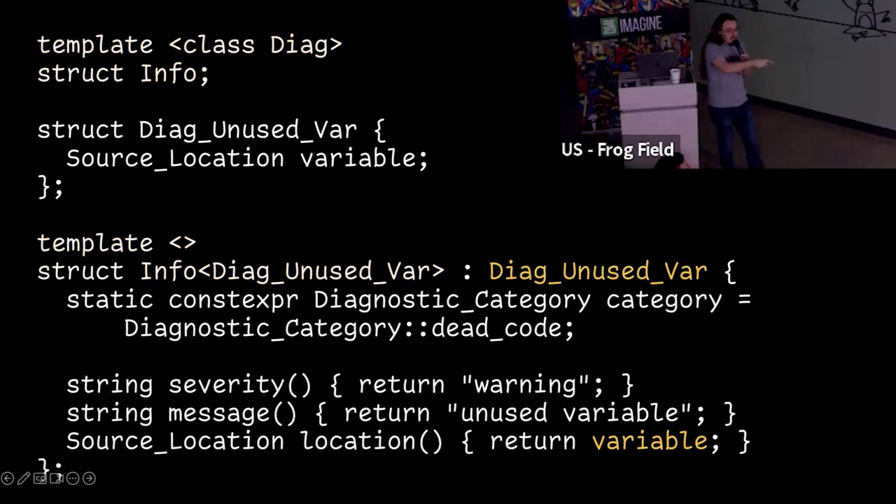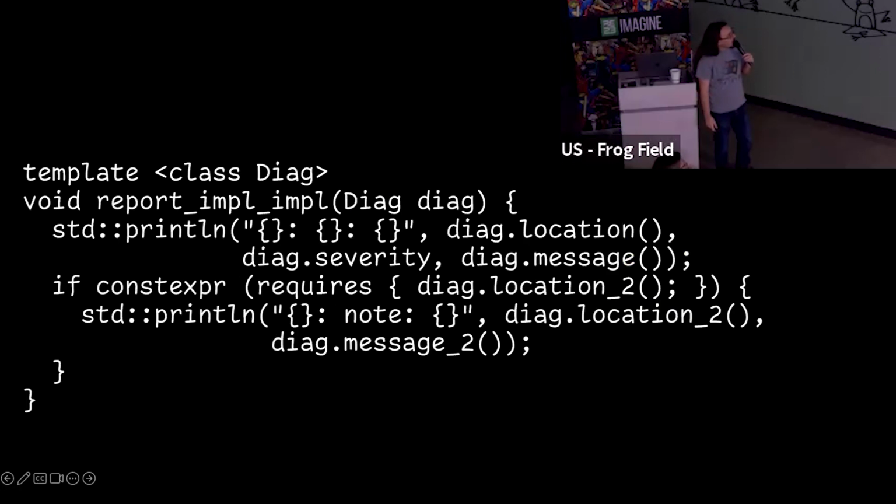We didn't say return diag.variable. And the way this works is we're inheriting from the diag unused var class. So the info, the metadata, inherits from the diag type. And that gives us, we could just say return variable instead of threading parameters around everywhere.